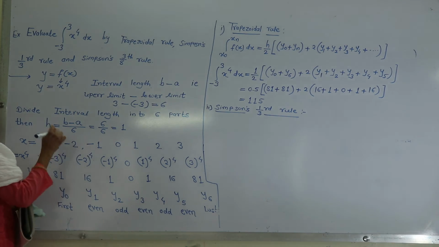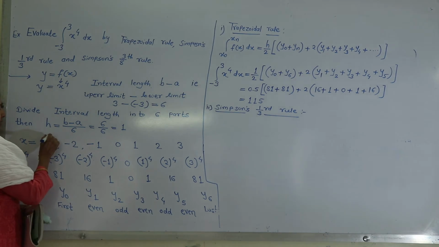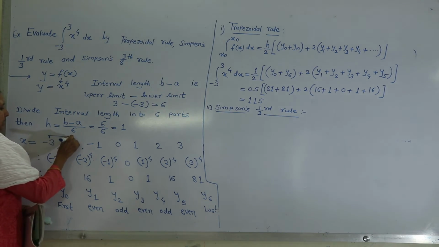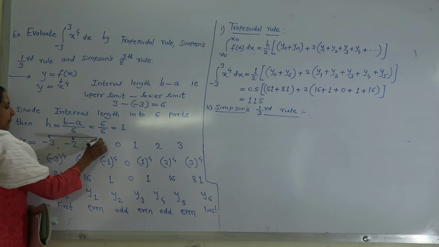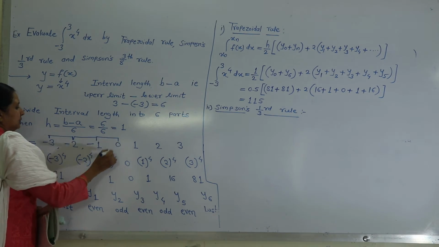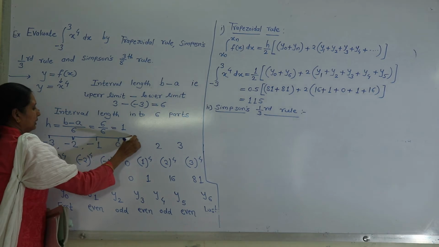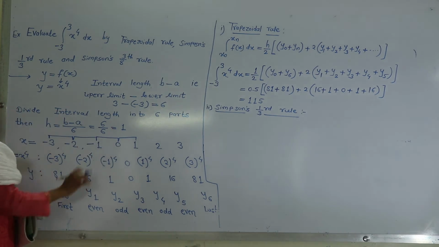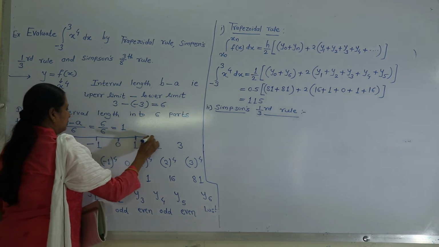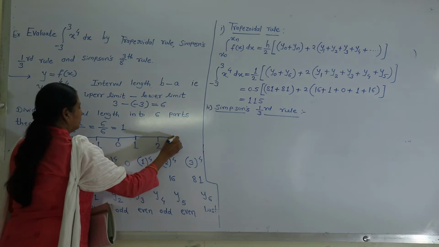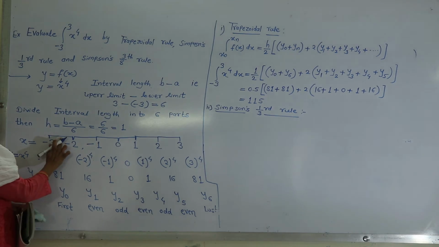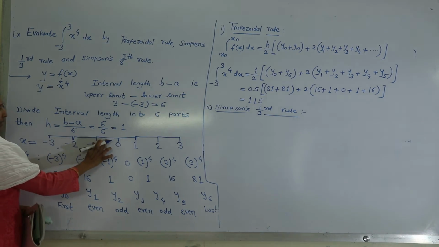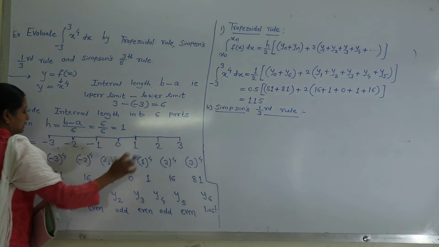Intervals: -3 to -2 is the first interval, -2 to -1 is the second interval, -1 to 0 the third interval, 0 to 1 the fourth interval, 1 to 2 the fifth interval, and 2 to 3 the sixth interval. 1, 2, 3, 4, 5, 6.